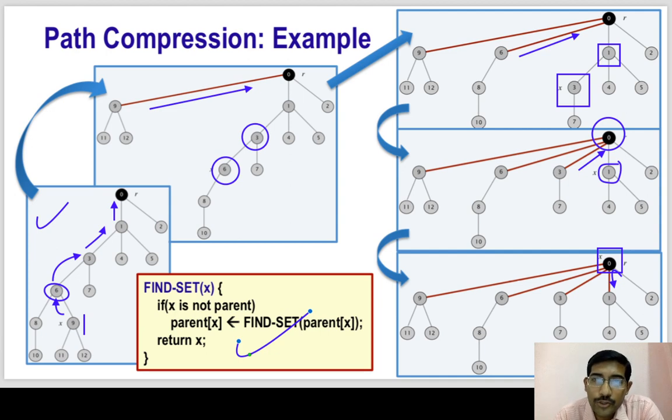There are a few points to note here before we see in the analysis how good or bad we performed. Number one, please note that while doing path compression, we are not updating the height or rank of any node. Number two, we are not deleting any nodes either. So the final tree after path compression has exactly the same number of nodes as the initial tree.